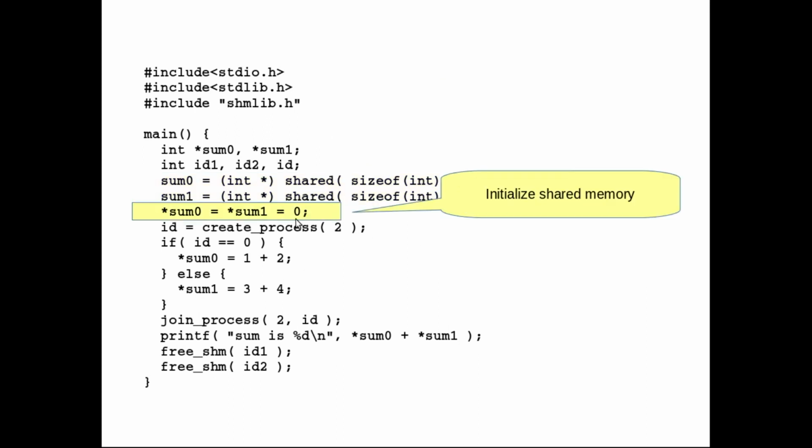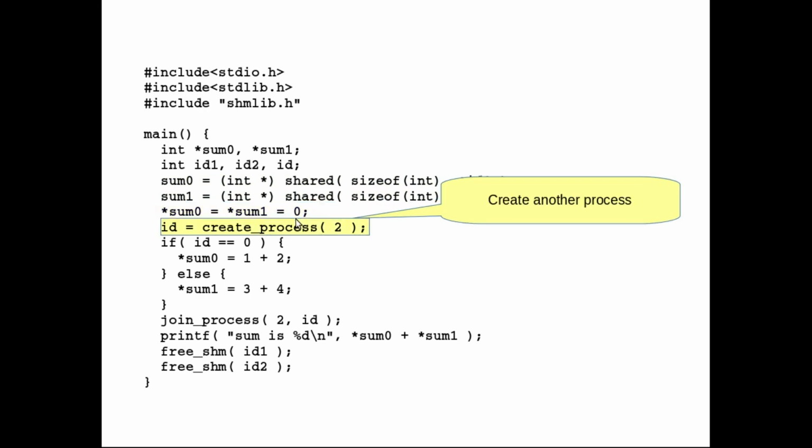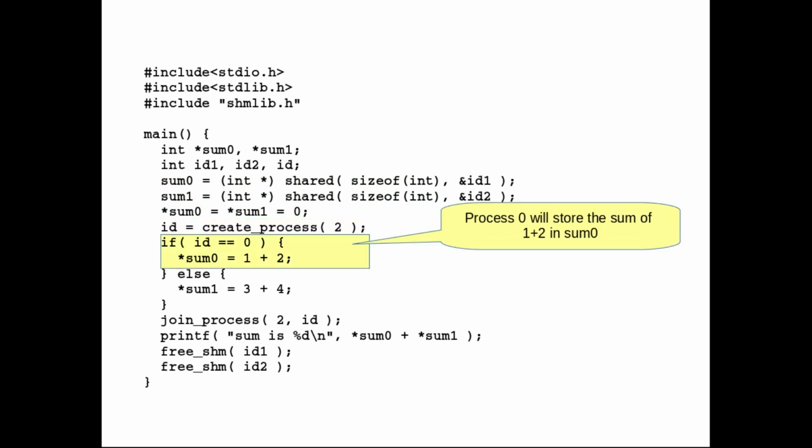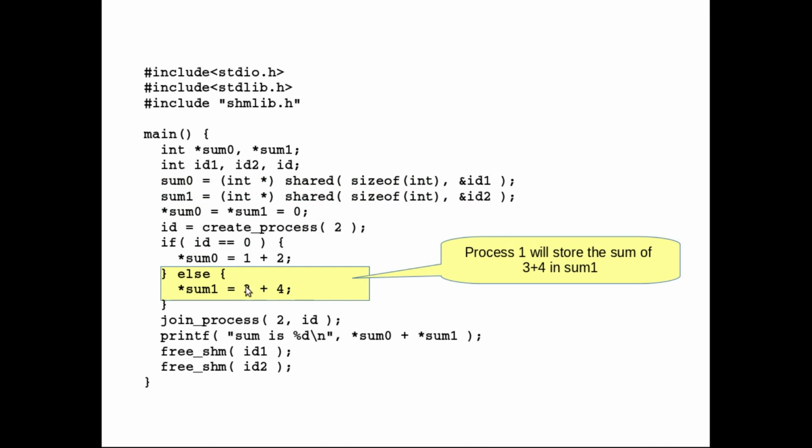After that we initialize both the shared variables to 0, and then we create one more new process so that we have two processes after this. And the parent process now computes the partial sum 1 plus 2 and stores it in the shared variable. Since we are storing it in the shared variable, this partial sum will be visible to the child process also. And now the child process computes the partial sum 3 plus 4 and stores it again in the shared variable.